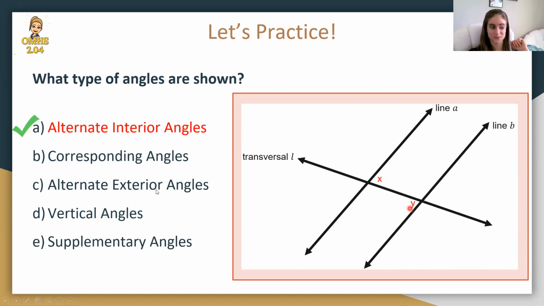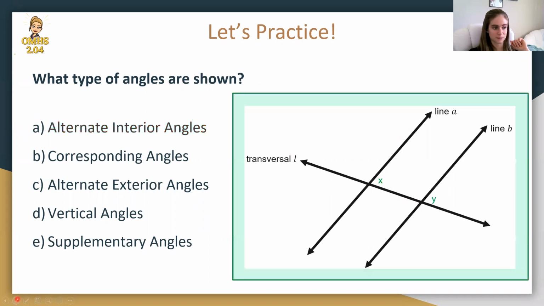All right, next question. We have angle X and angle Y. What type are these? All right, time to reveal the answer. Pause if you need to.